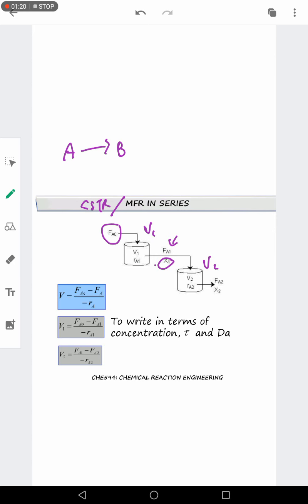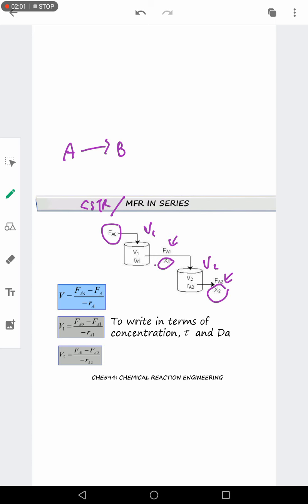So for the second reactor, let's say the volume is V2. And there are still the remaining reactants. We label the remaining reactants as FA2, and the conversion achieved, X2, actually represents V1 and V2.